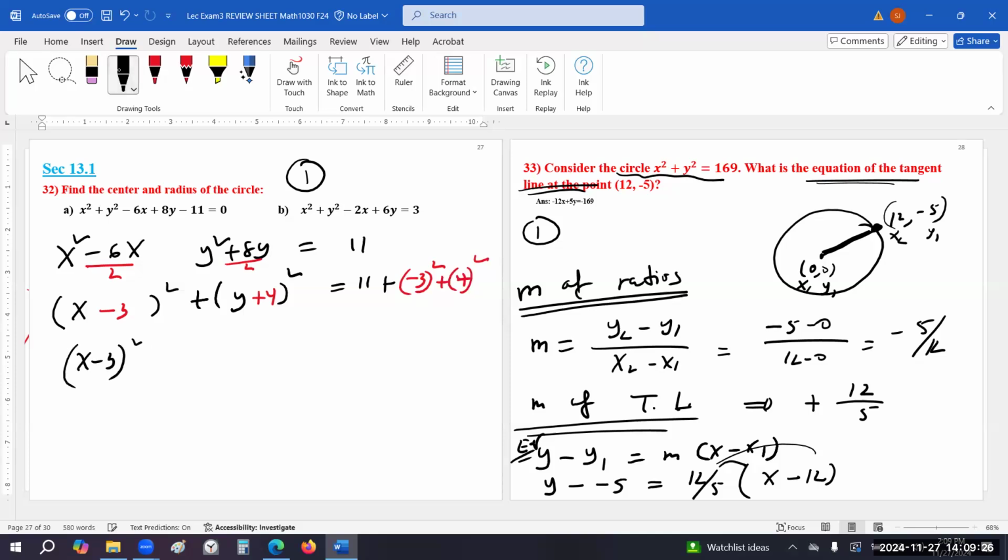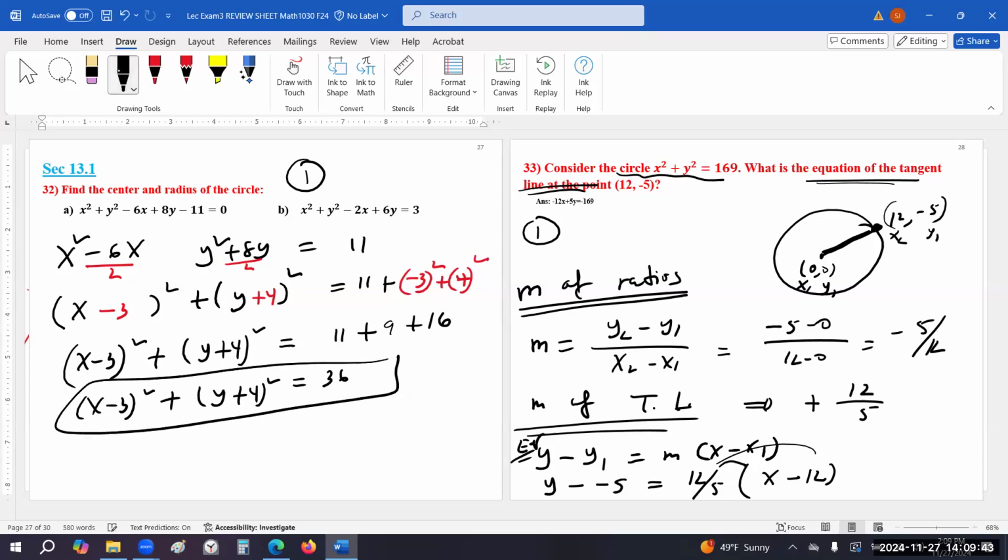So x minus 3 squared, y plus 4 squared, we have 11, 9, and 16. So this is the format. First you write standard form, and then our center is 3, negative 4, the opposite of the inside, and our radius is the square root of whatever we have on the other side, which is 6.